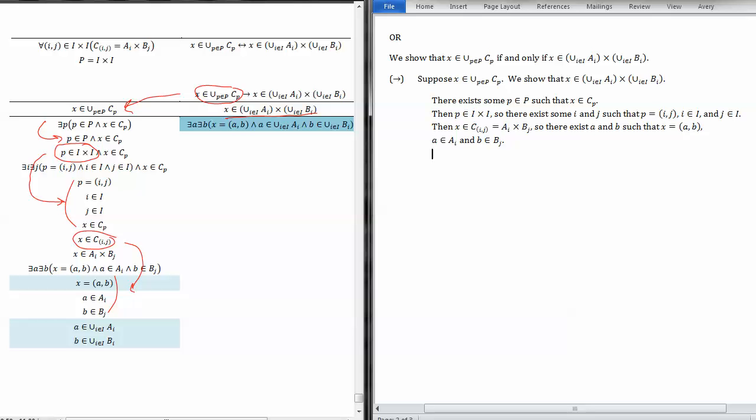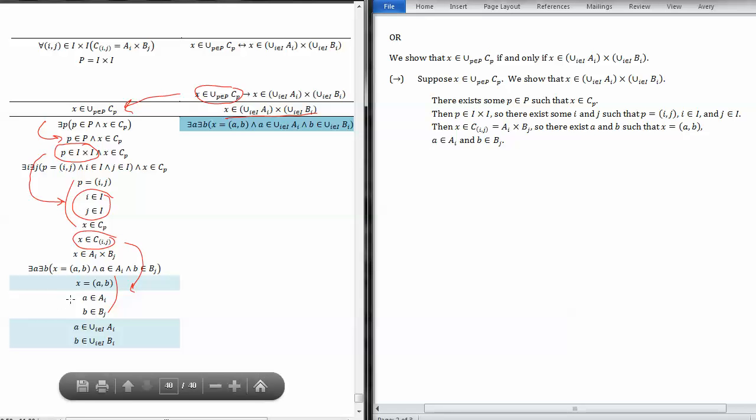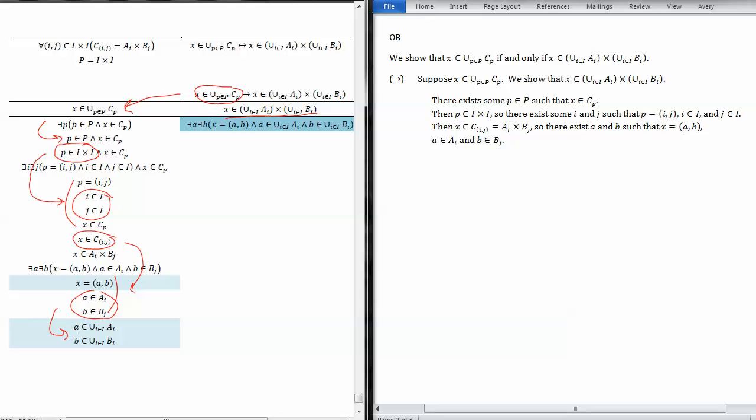Okay, and then we got our A and B in the unions, right? Using that I and j were in I together with these two got us here.